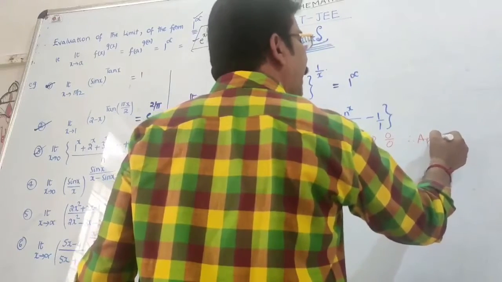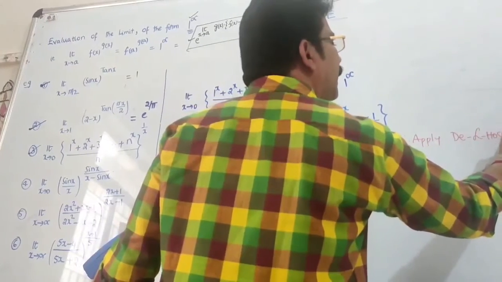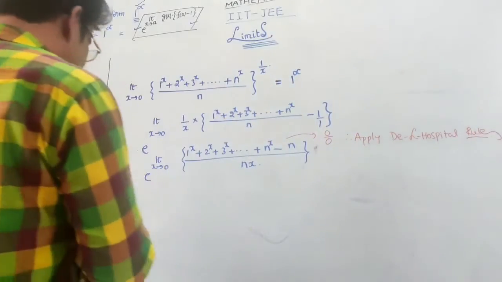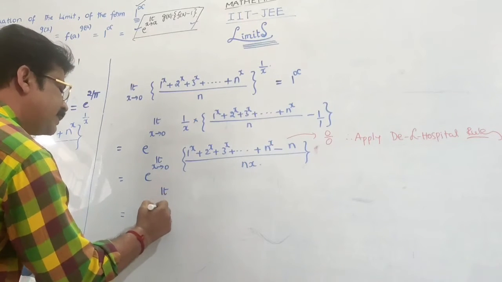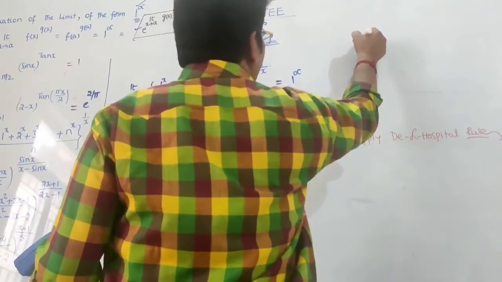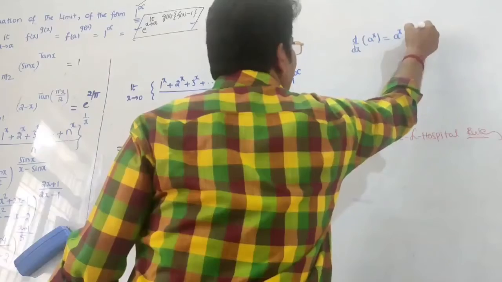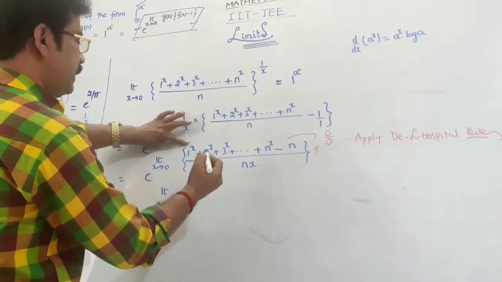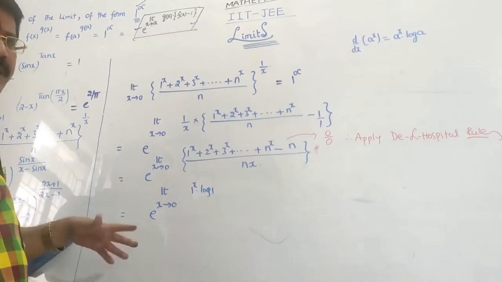Therefore here apply L'Hospital rule. So that is equal to e power limit x tends to 0. Actually, standard formula: d by dx of a to the power of x is equal to a to the power of x into log a. So that is 1 to the power of x into log 1, and of course log 1 to any base is 0.